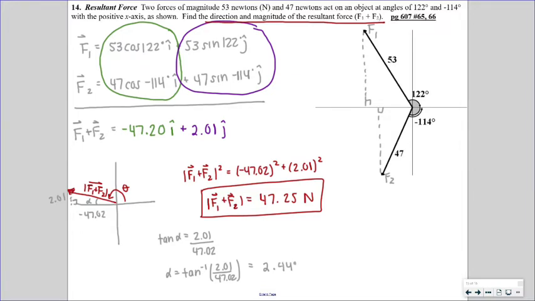That lines up with what we know about something that is so long along the x-axis but really short along the y. So 2.44 is alpha. Our actual direction here is just going to be 180 minus that. That is looking like 177.56 degrees.